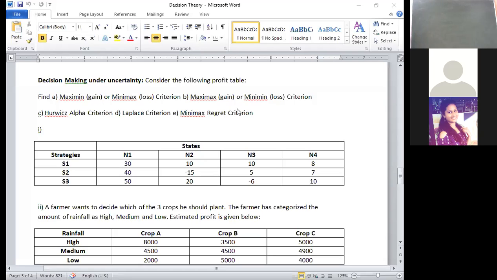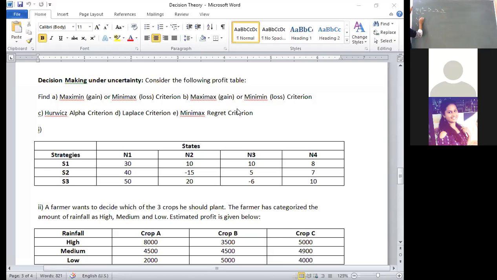That means the given problem is of decision making under uncertainty. Take down the strategies. 3 strategies are given. States of nature are given, that is N1, N2, N3, N4. It is a simple payoff matrix.